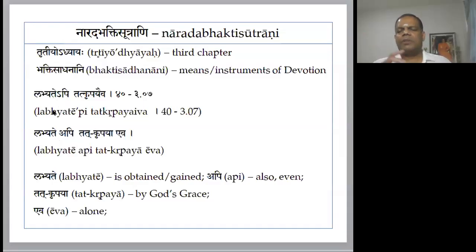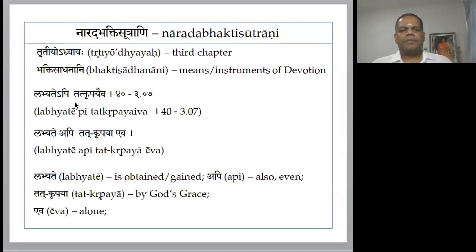Sometimes they would say labhyate api, that's also a practice of many people. They sort of merge together, and that is signified by an avagraha. Avagraha is an S-shaped letter, you could say, which signifies that silent a in that sandhi.